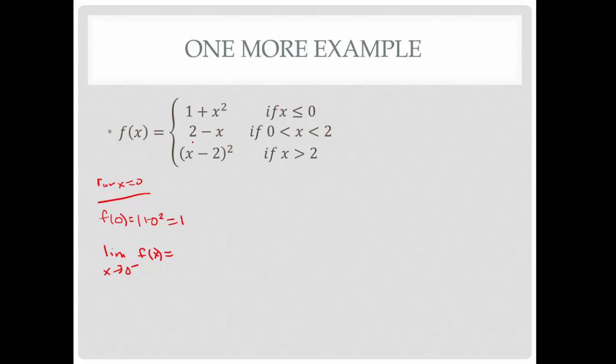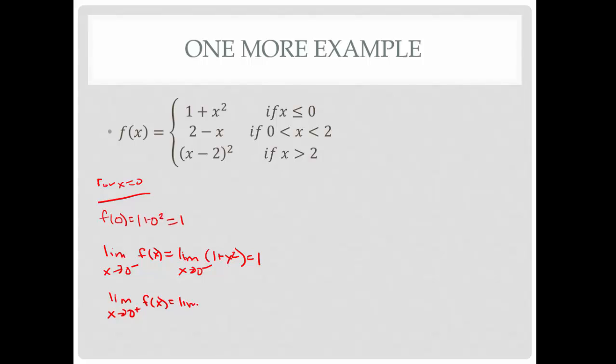That's also the first piece. So that will be the limit as x approaches 0 from the left on 1 plus x squared. Now because that is a polynomial, it is eligible for direct substitution, and that limit's going to be equal to 1.